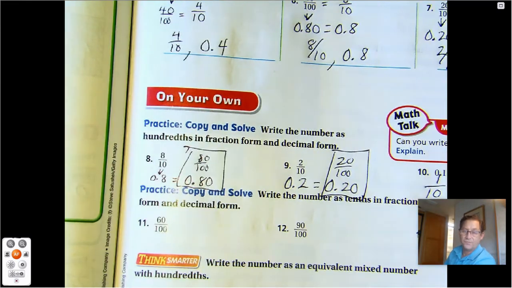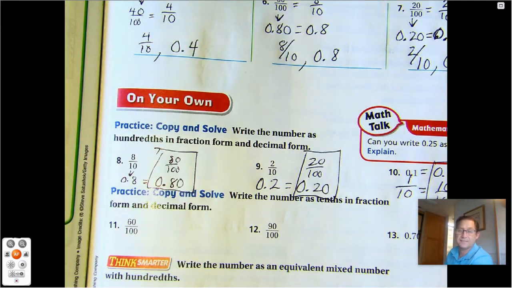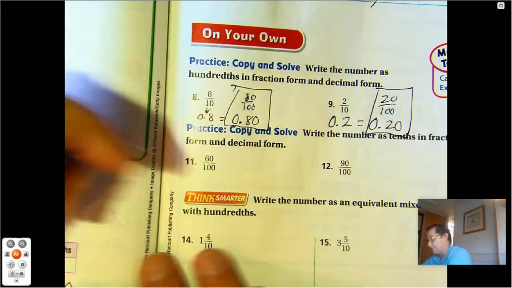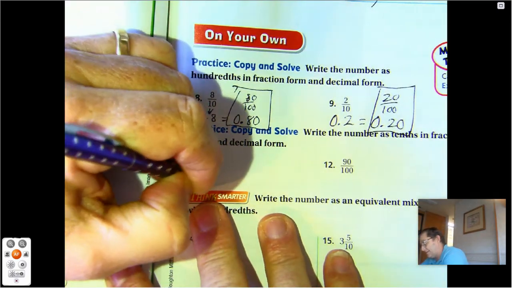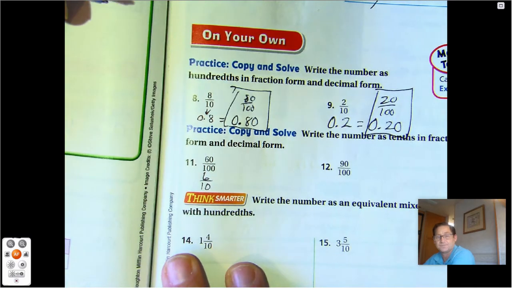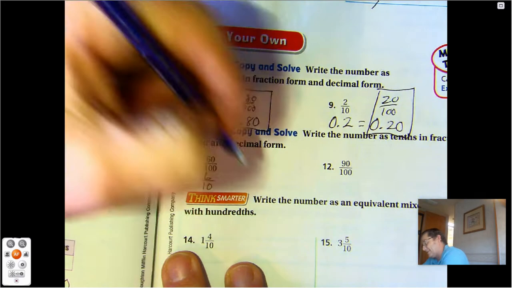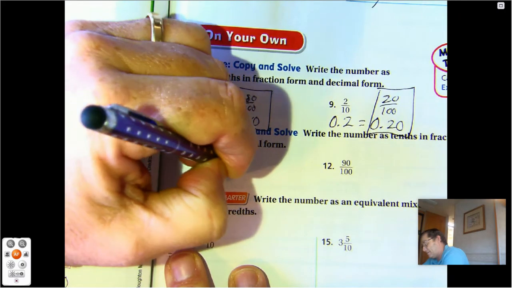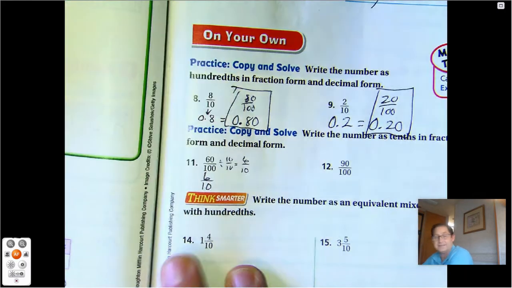All right, number 11 through 13, write the number as tenths in fraction form and decimal form. All right, so 60 hundredths is the same as 6 tenths. If we divide 60 hundredths by 10, we would get 6 tenths.